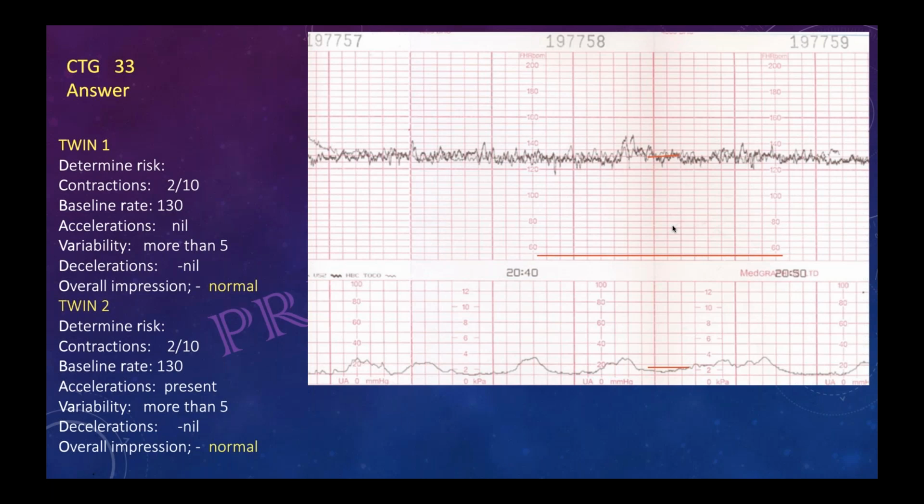Two different people listen to the fetal heart rate at the same time and count, and if the difference is more than 20, it shows there is more than one baby in the womb. I think it's only for clinical examination, not for CTG. But if there is a heart rate difference when we are listening with a stethoscope, the same difference will be on the CTG trace also, isn't it?